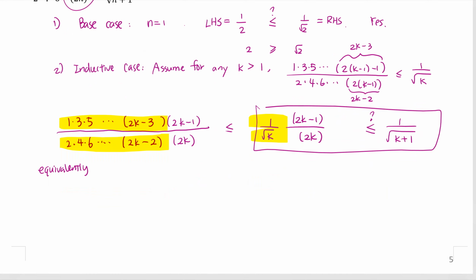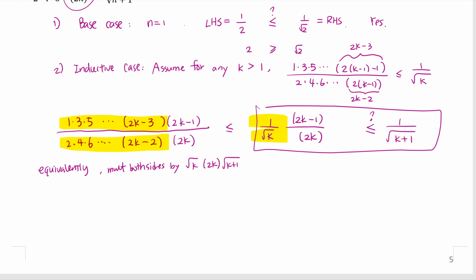We can clear all the denominators. We multiply both sides by square root of k, 2k, and square root of k plus 1. Because all of these numbers are positive, it won't change the inequality.